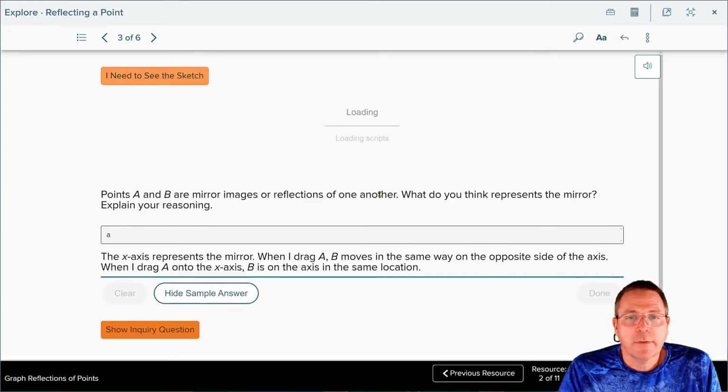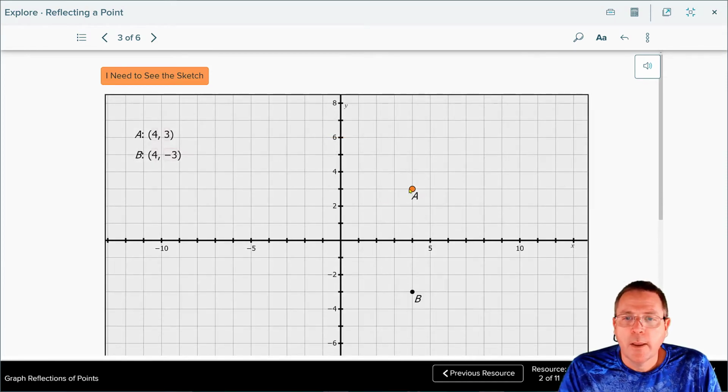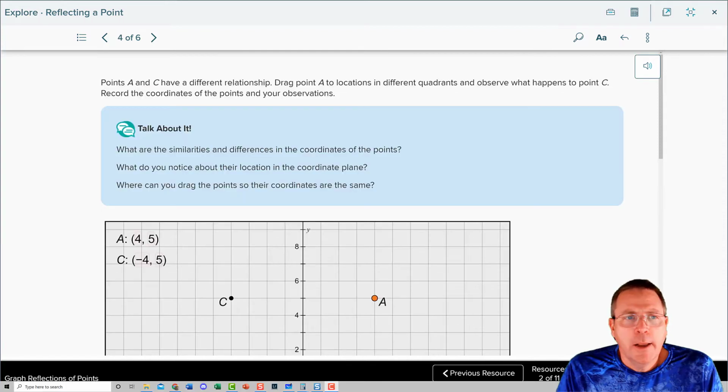If we went back to that sketch again and dragged it to the axis itself, then we have the same exact values for both. The x-axis, this line right here, is going to be your mirror, or your reflecting line. Everything above it reflects to be the same exact thing below it.